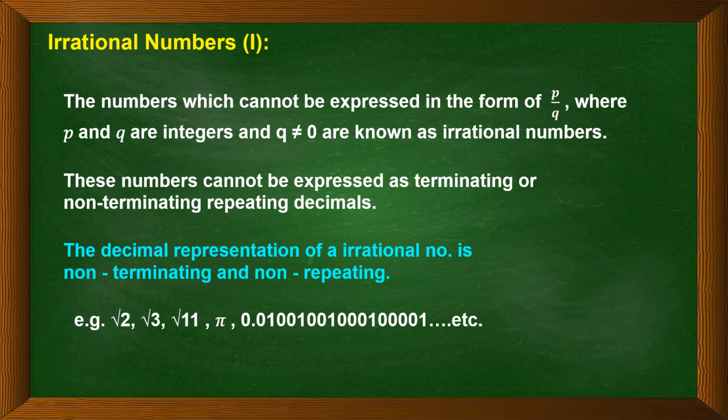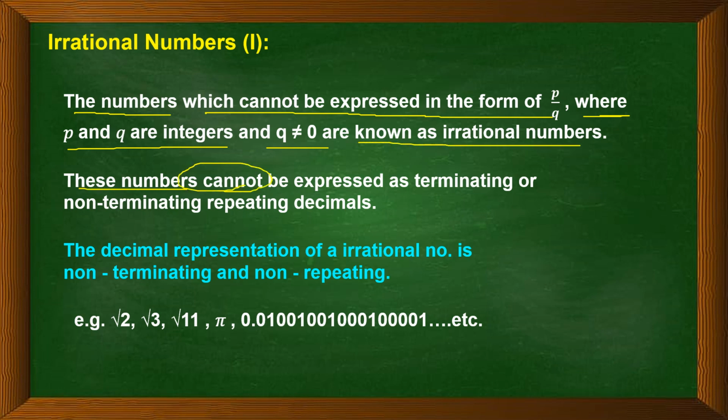So therefore we can say the numbers which cannot be expressed in the form of P by Q, where P and Q are integers and Q is not equal to 0, are known as irrational numbers. These numbers cannot be expressed as terminating or non-terminating repeating decimals.